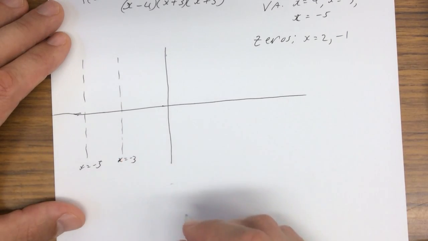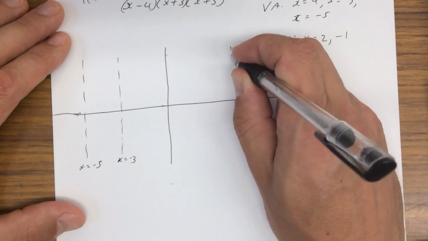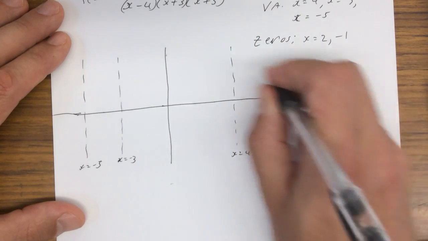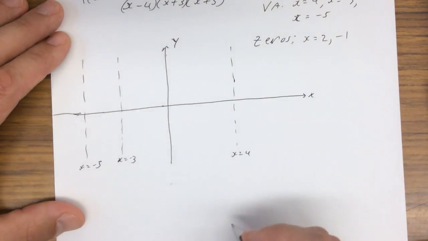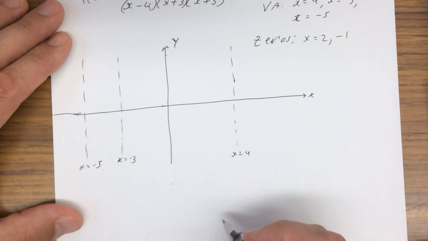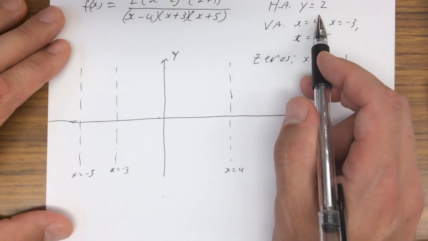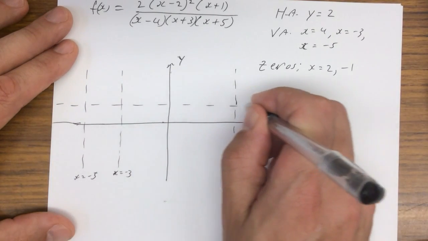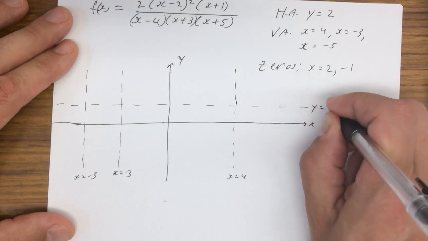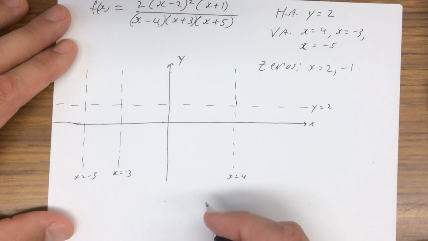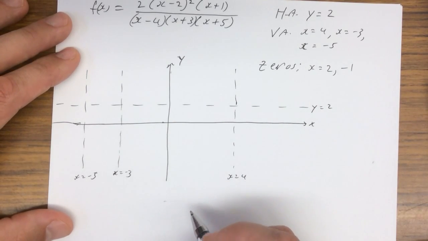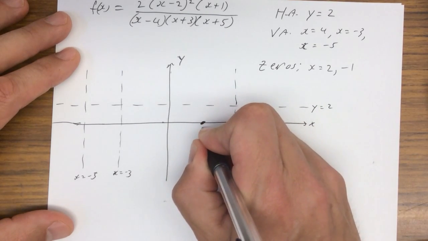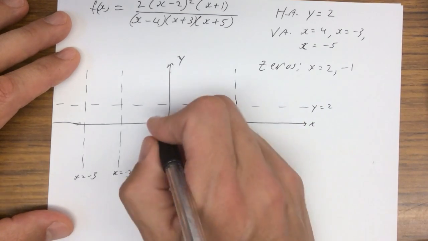And then at 4, we'll have a vertical asymptote. Okay, label the axes. And then we're going to have a horizontal asymptote at y equal to 2. So across here, y equal to 2. And then our zeros are at 2, right here, and at negative 1.